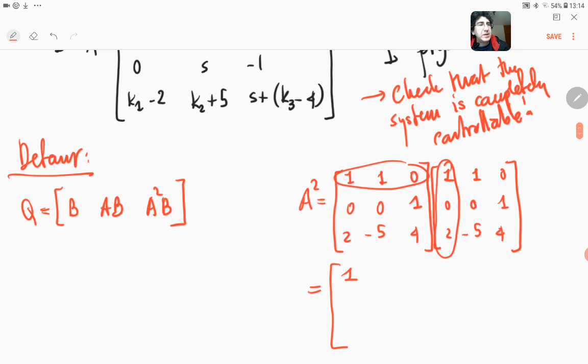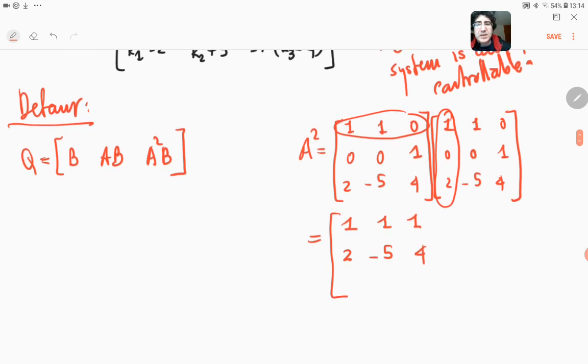Similarly, if you make all the corresponding row column multiplications, you will find the square of that matrix as 2 minus 5 and 4. You can always check this by using a tool like MATLAB, whether you have the correct calculation. So that is A squared.